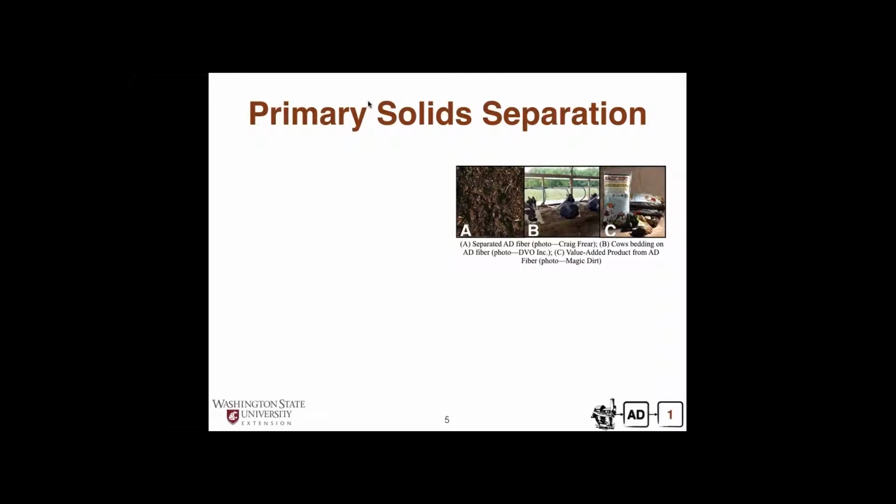Okay, so each slide that we look at is going to be set up fairly similar to give you an orientation. We've got some visuals that we'll talk about, some bullet points, and then we'll look briefly at some of the economics or performance of the process. So really, for primary solid separation, the technology is mature and in widespread use.